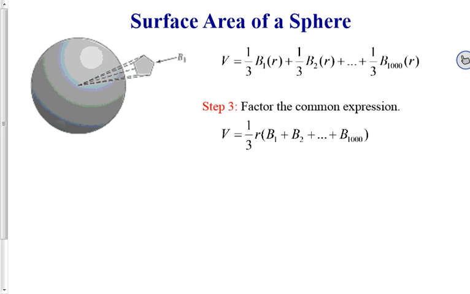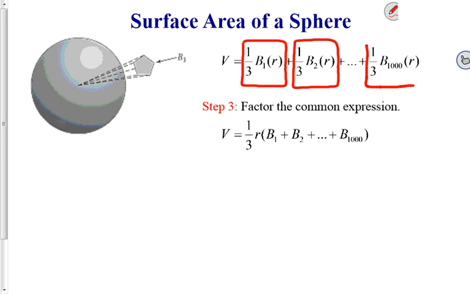Well, step 3 says to factor the common expression. If you look at each term in this formula, that would be 1, that would be another one, and we would have 1,000 of these terms, and they all have the fraction 1/3 and r, the height of the pyramid, or the radius of the sphere. So let's factor those out.